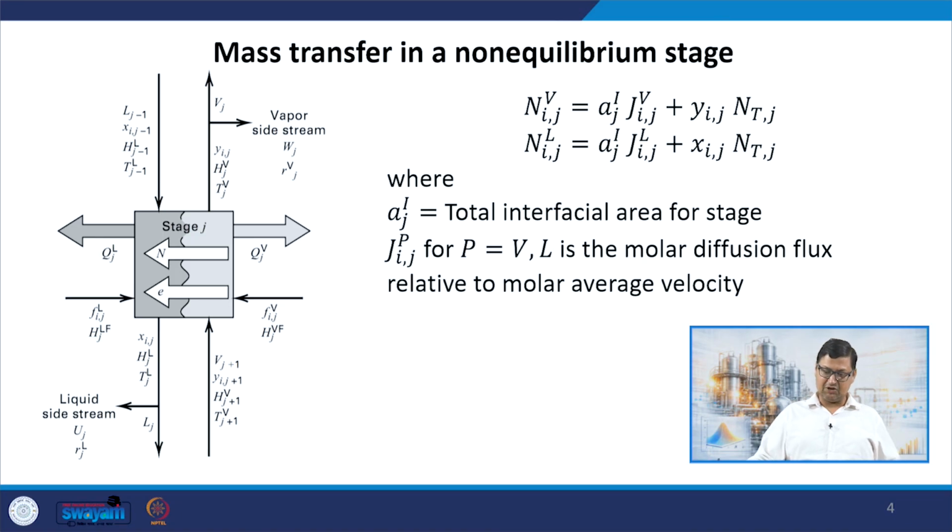And if we think about it, this mass transfer rate is going to basically consist of two components. The one component is because of the diffusion and the other component is because of the bulk flow.